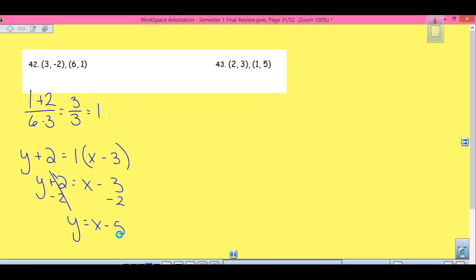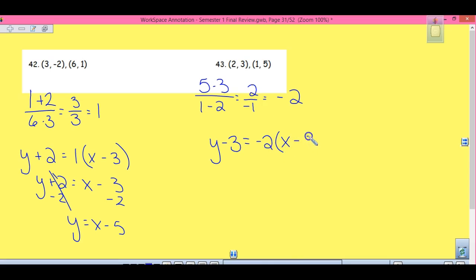Okay, same thing over there. What do I have to find first? Slope. So I go minus 3 over, so I have 2 over negative 1, which is negative 2. So my equation starts with y minus 3 equals negative 2 times x minus 2.